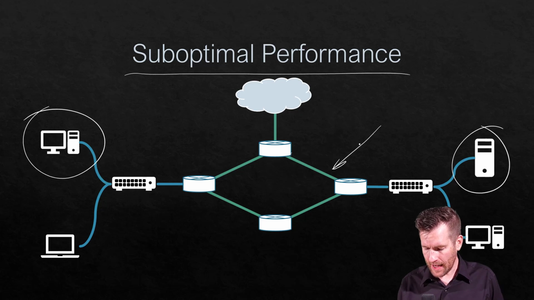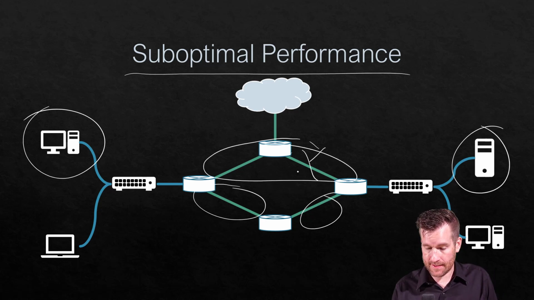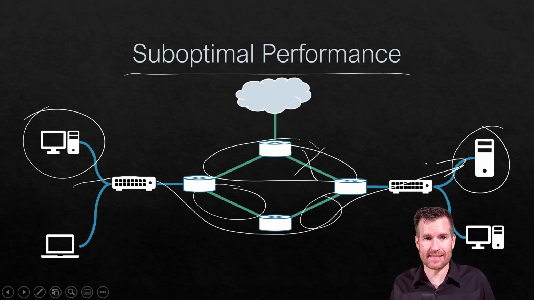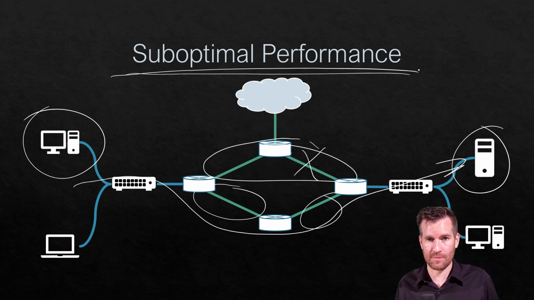Or maybe these links right here are slower than these links right here. So if one of these links goes down, then it has to use that slower route to get over to this network, and that could also create suboptimal performance.